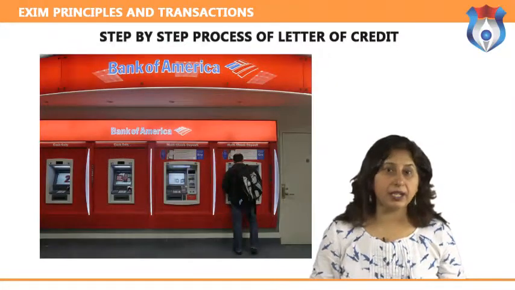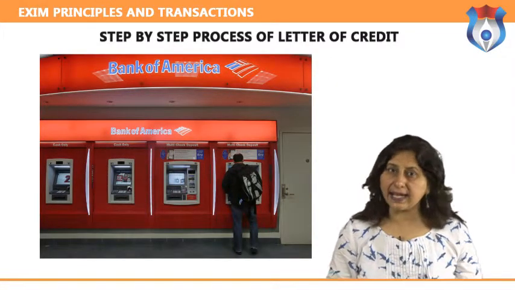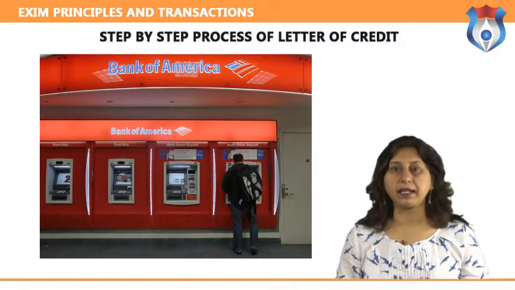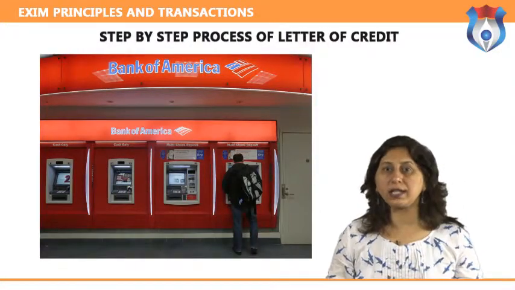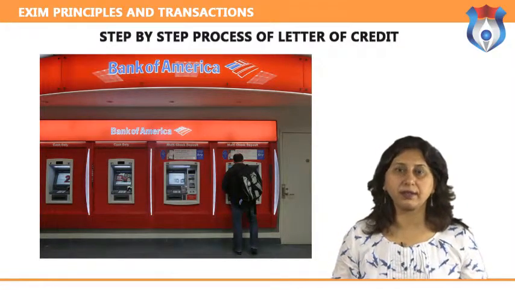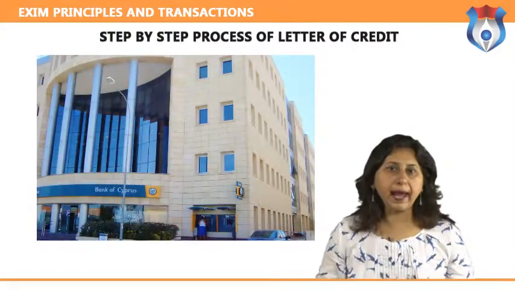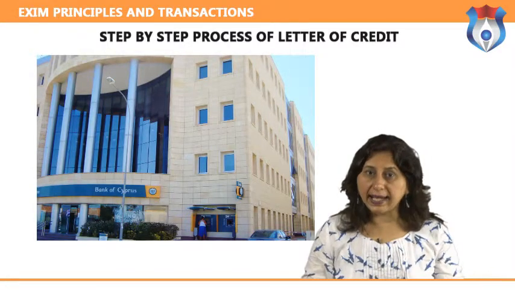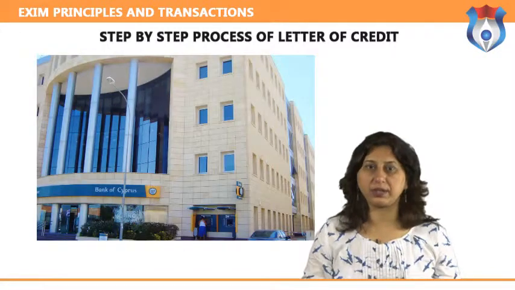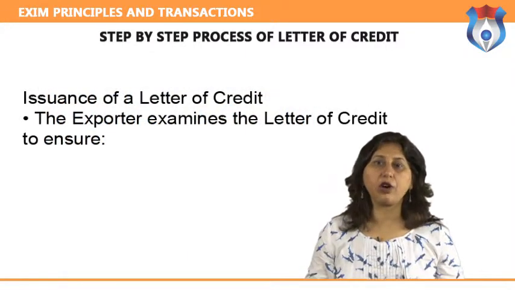The issuing bank issues the letter of credit and sends it to the advising bank by telecommunication or registered mail in accordance with the importer's instructions. The advising bank will verify the letter of credit for authenticity and send a copy to the exporter. Issuance of a letter of credit.